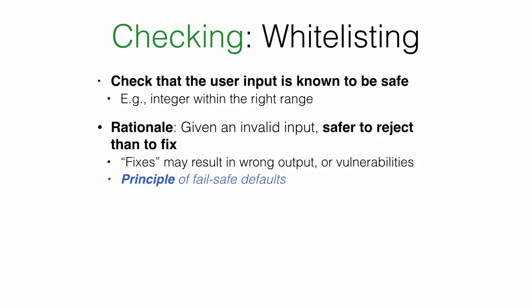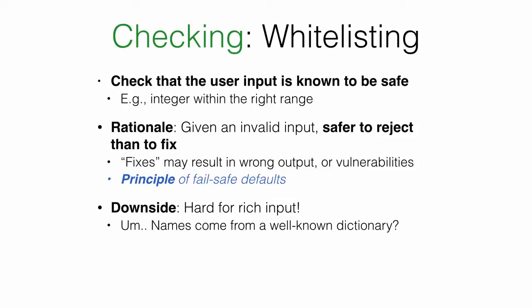The idea here is that it's safer to reject an input than it is to fix it, and the reason is that a fix may actually produce the wrong output. That is, an attacker can manipulate the attempt to sanitize something to actually corrupt it to his needs. So this is following the principle of fail-safe defaults: do the simplest thing and reject the rest. We'll look at that principle in more depth later on.